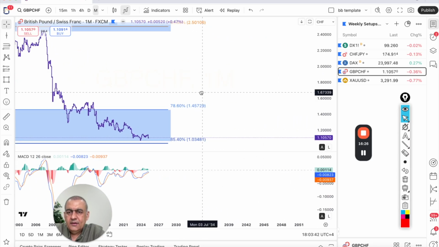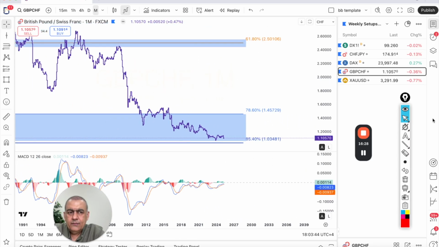So here it is creating a sequence of lower highs, again triple top, which is a lower high, lower high, lower high, and lower high, and this is creating bullish divergence, but the breakout structure has not been completed.